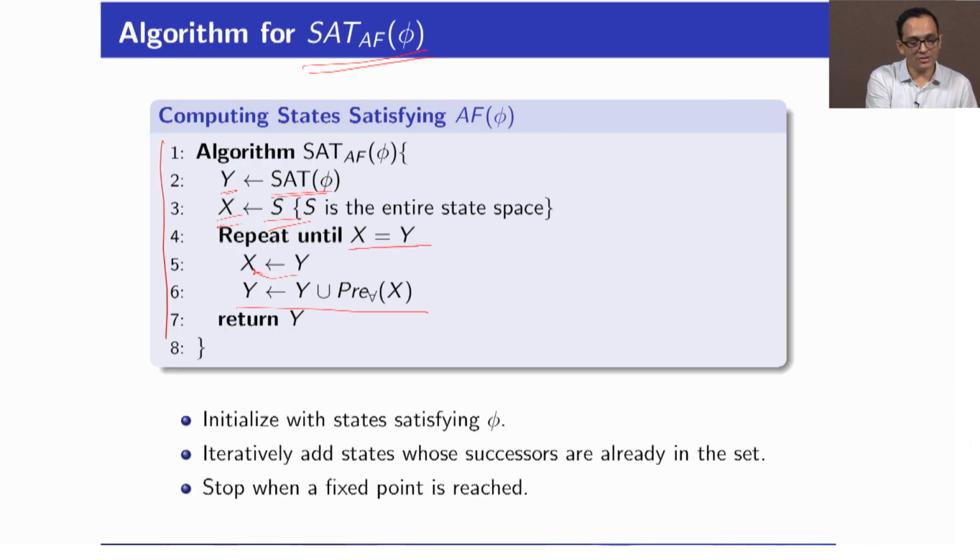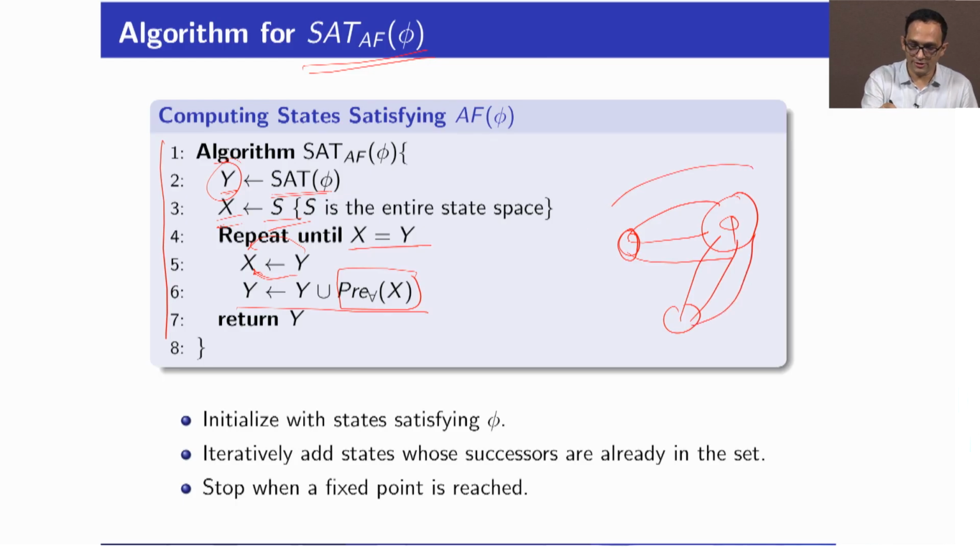You are starting with the set of states where phi holds, because you copied it here. Then you identify the states for whose all successors are coming here, because this is pre for all, and then you take a union of this. So this is what I am going to do with pre for all.